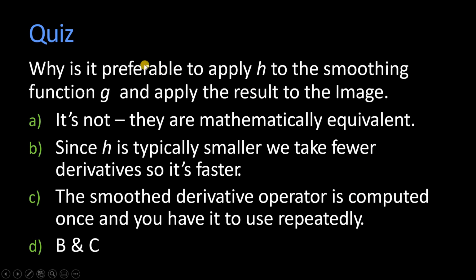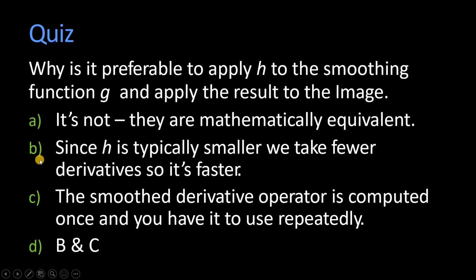Why combine everything together and then apply it to the image? Because h itself is smaller, and when we apply the derivative on h, it will take less time. First of all, we compute this smooth derivative operator and then we apply it.